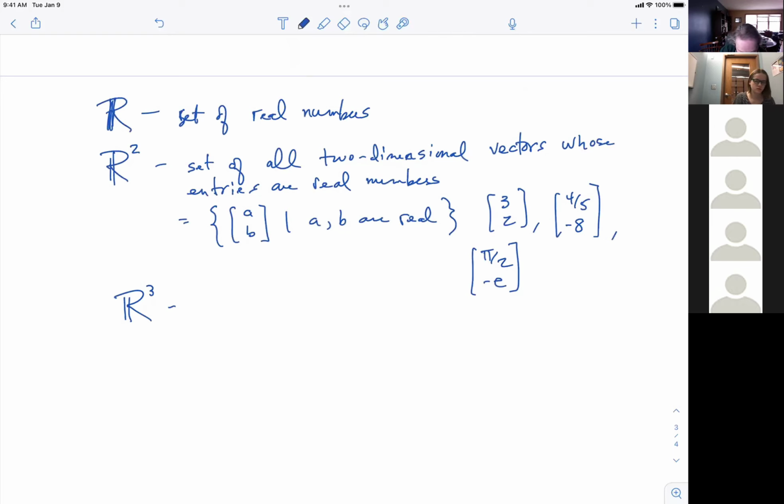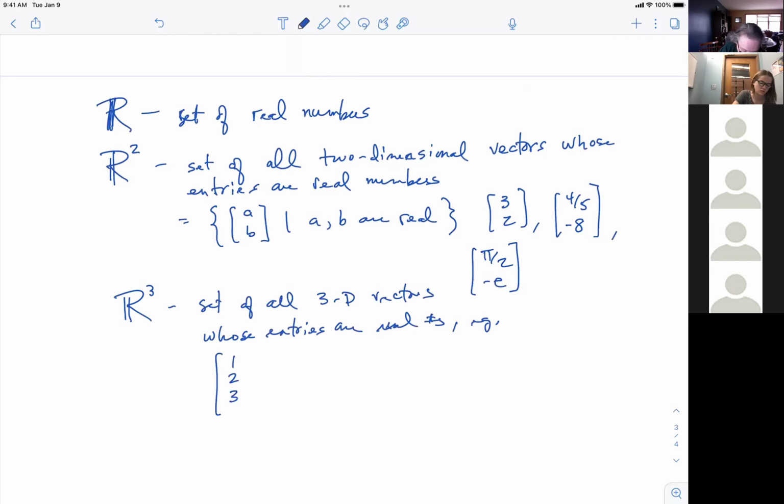This is the set of all 3D vectors whose entries are real numbers. For example, (1, 2, 3), (-7/10, 42, pi). Three-dimensional means it's got three entries.